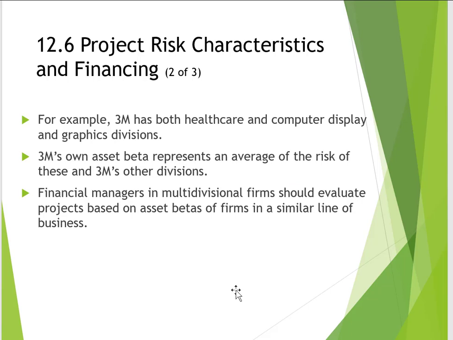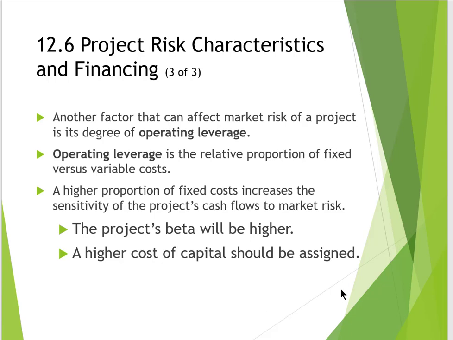Here they talk about 3M. They have healthcare and computer types of things. So obviously we need to adjust this so we can evaluate the projects for similar lines of business. Another thing that can obviously affect the market risk of the project is what's referred to as operating leverage.